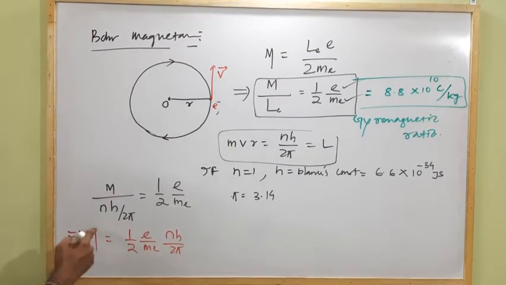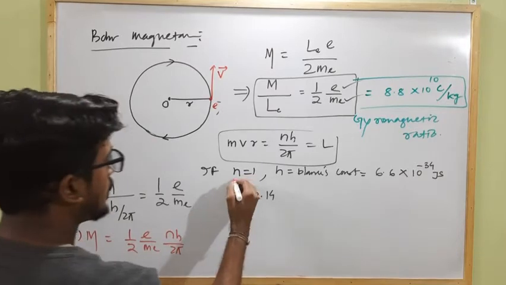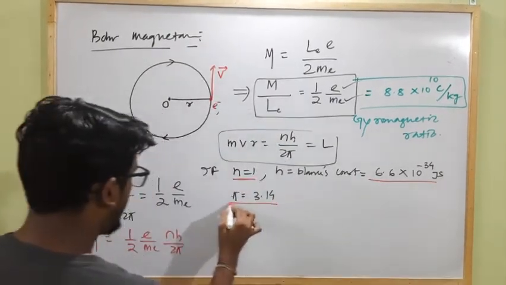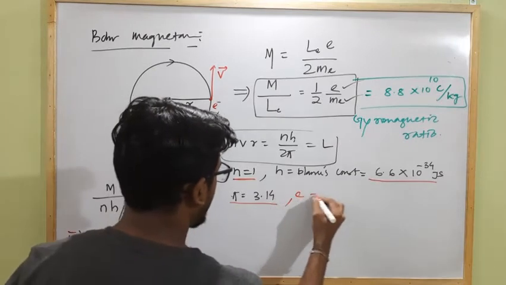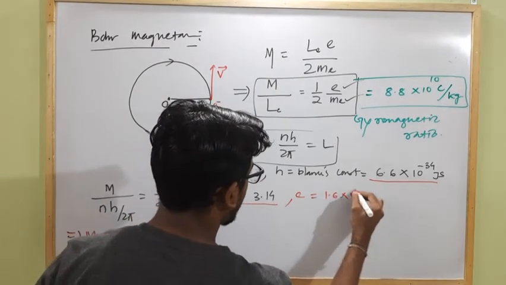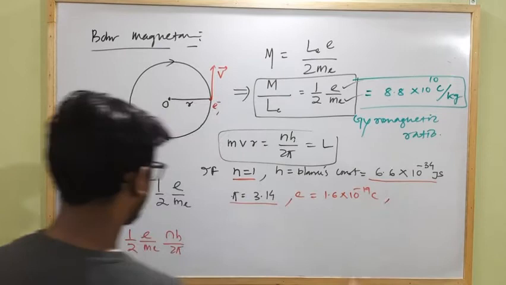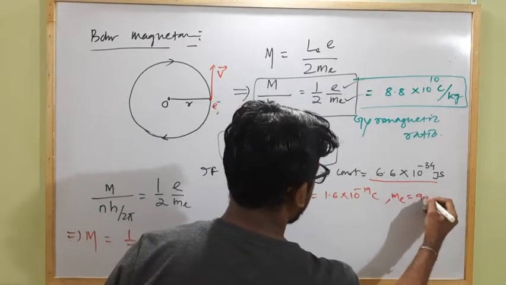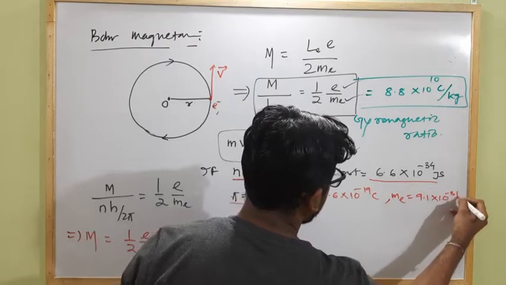What is n? It is 1, h is Planck's constant having this much value, pi is this one. What is e? e equal to 1.6 into 10 to the minus 19 coulomb, and me, mass of electron, is 9.1 into 10 to the minus 31 kg.